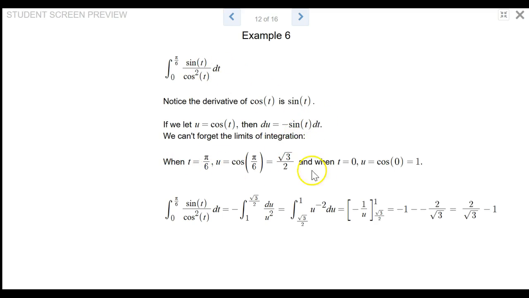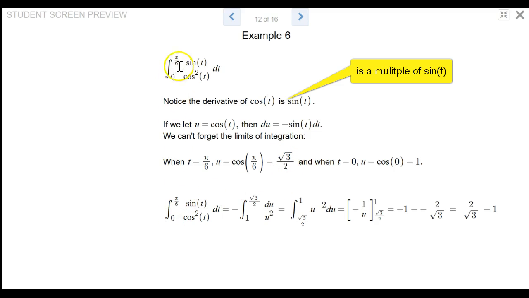And then what I can do is change these limits of integration to be in terms of u as well. So when t is pi over 6, I'm going to use my substitution to get a new limit of integration. So then u equals cosine pi over 6, which is the square root of 3 over 2.